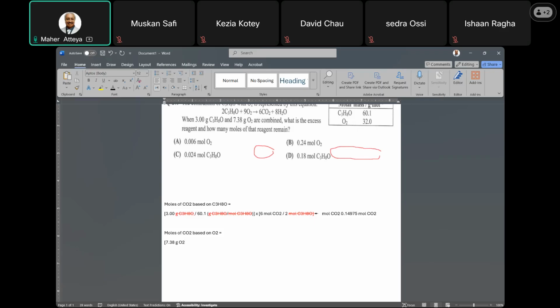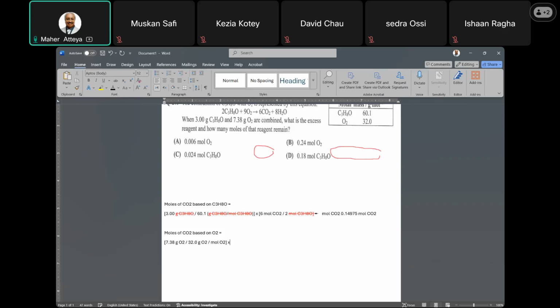Okay, so divided by the molar mass of O2, which is 32.0 grams per mole of O2. So that's the first step here.